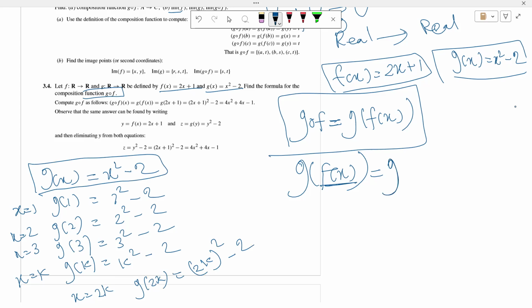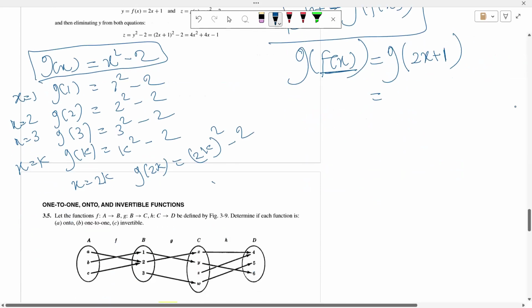So g of f of x means I need to find g of 2x plus 1. Already we know f of x is equal to 2x plus 1. Now I need to find g of 2x plus 1. How can I find it? I can put it in this question. Previously I put x equal to 2k.